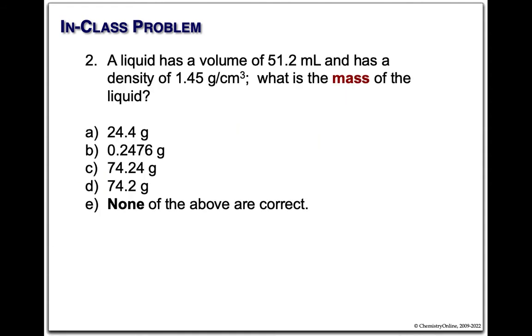Here we have a volume of 51 mils, the density of this, what's the mass? Our given here would be our volume. Our ratio is the density with cubic centimeters or mils in the denominator.